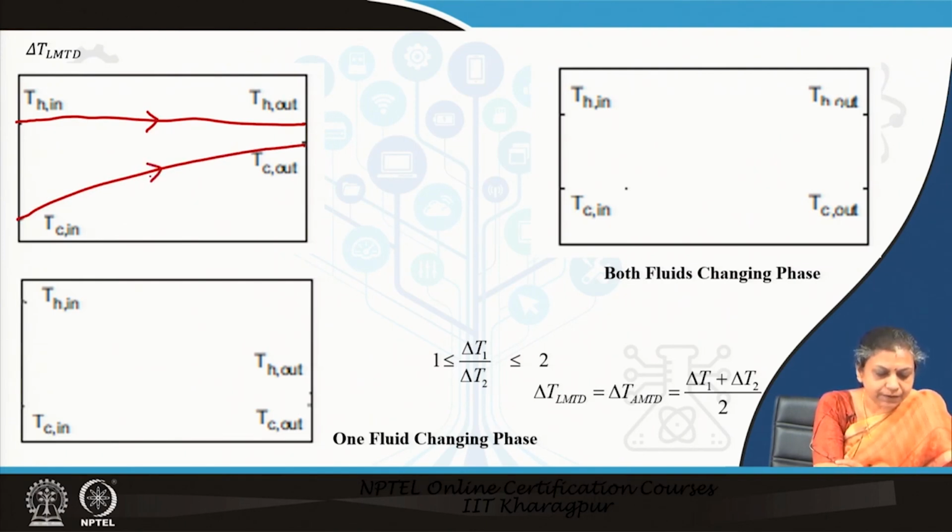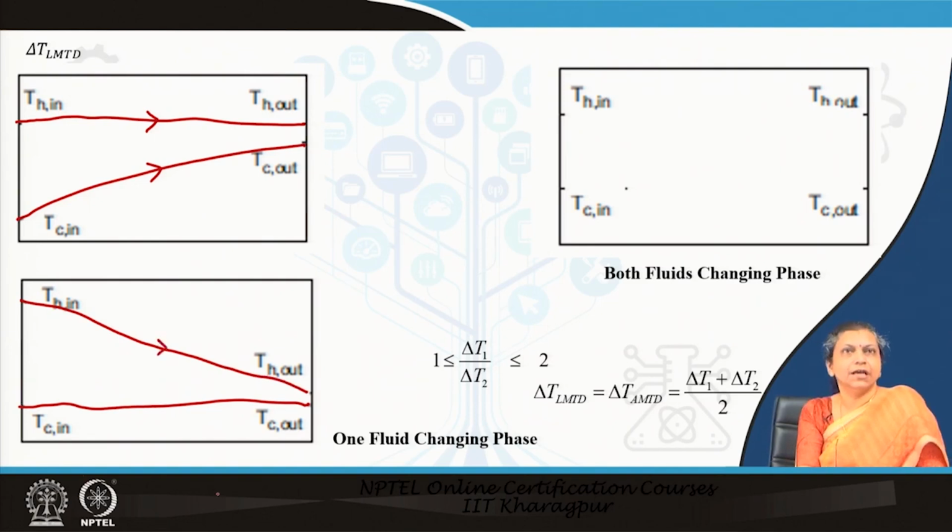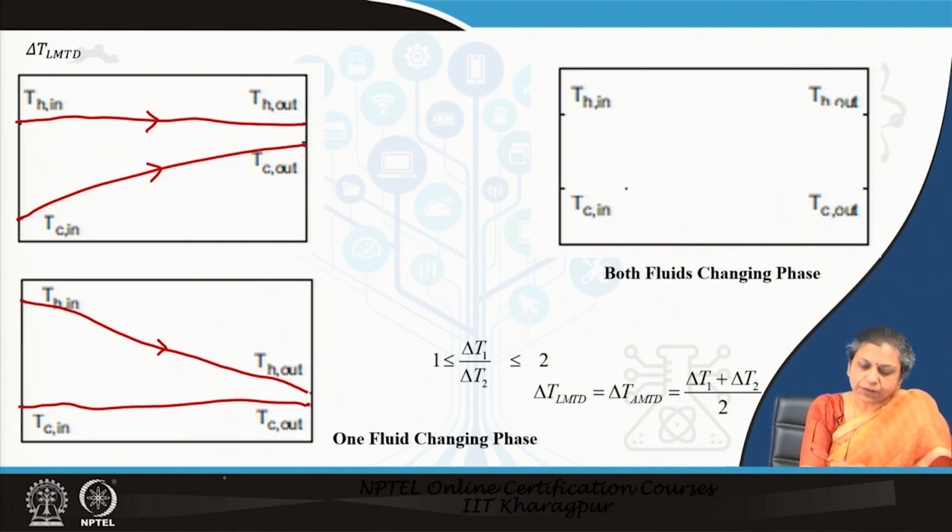So, therefore, this is the parallel flow arrangement. Or else you can also have a case where the cooler fluid is changing phase in order to heat the hotter fluid. Under these particular conditions, if you find out the delta T LMTD, it hardly matters whether you are going for co-current arrangement or for counter current arrangement.